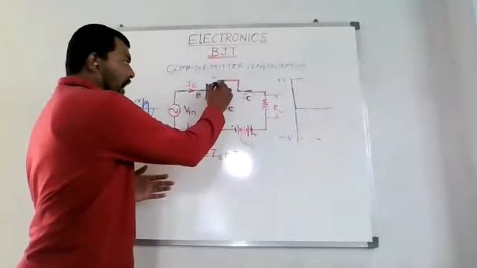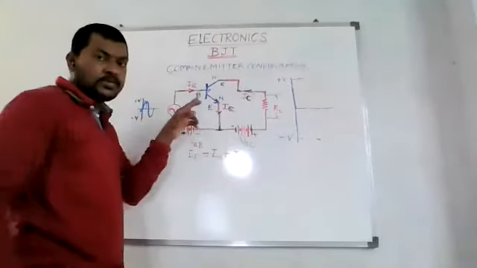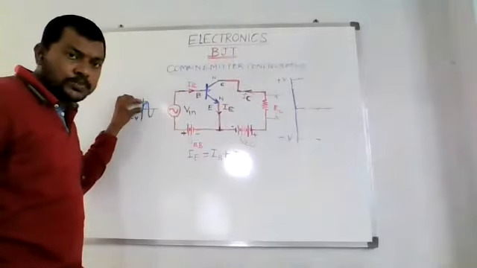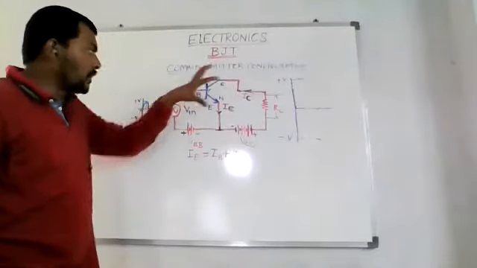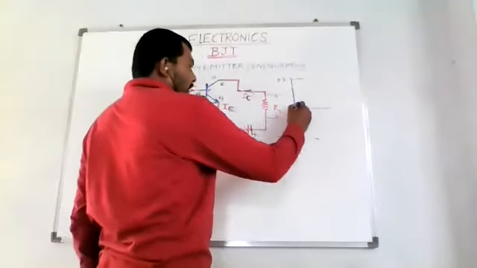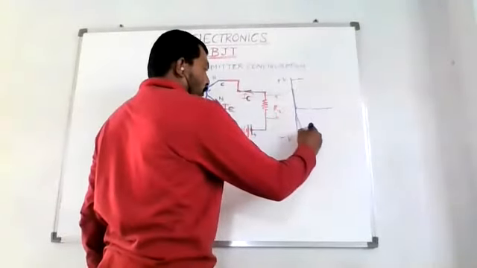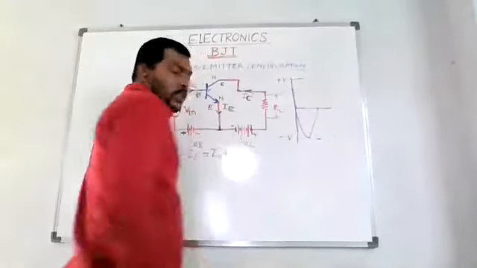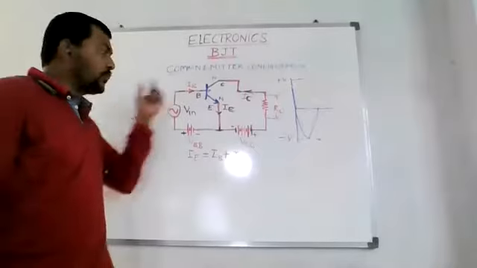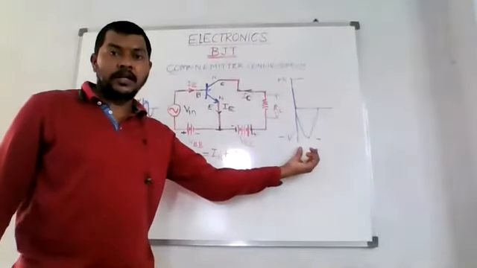So the current starts flowing from this collector base to the emitter, right? During this positive half cycle, the current flows through this, and as soon as the current flows, it goes in the negative region. So maximum reverse current flows through this. Okay, so this positive half will give you the negative cycle, right?